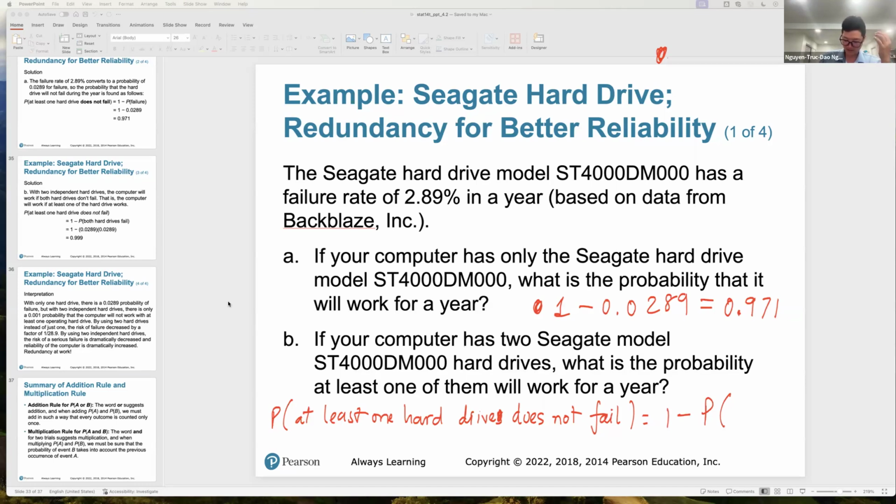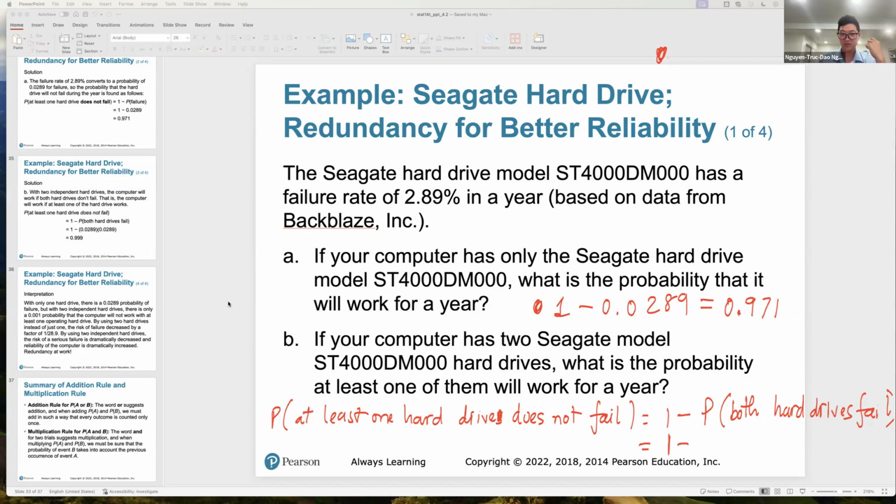Because they are complements. Both hard drives fail. Okay, so what is the probability of both hard drives fail?